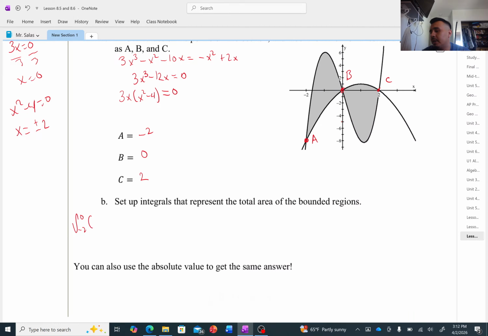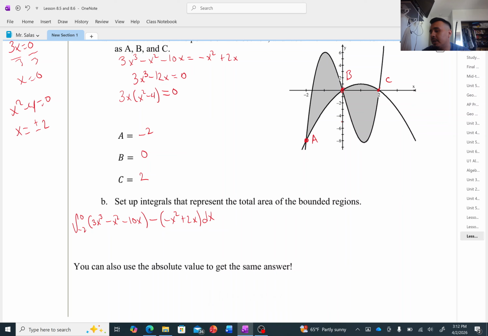And then my first one is my cubic function. So it's going to be 3x cubed minus x squared minus 10x minus my lower graph, which is my negative parabola. So it's going to be negative x squared plus 2x dx, right? Because that's where it ends.